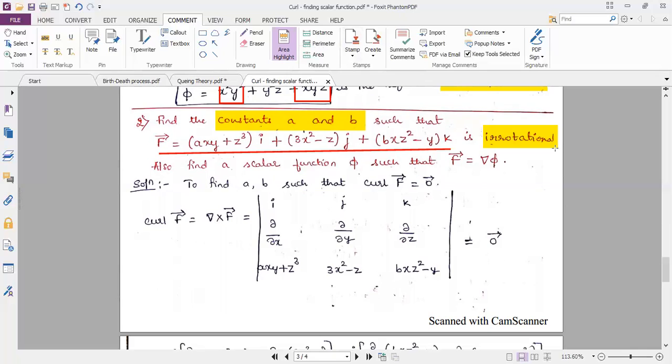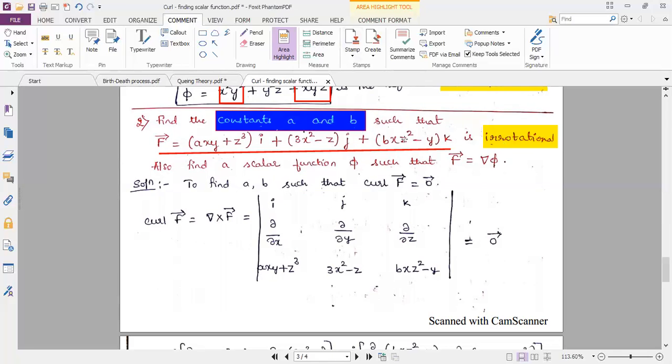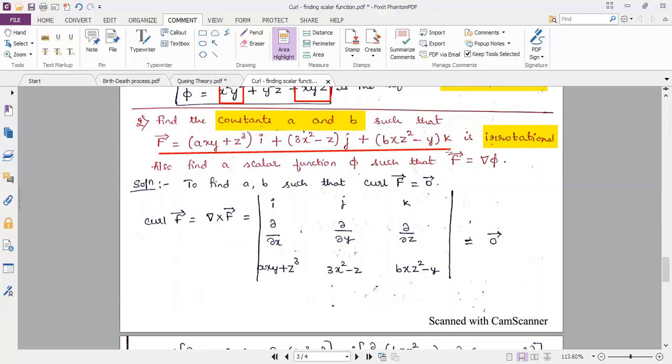So it is given as an irrotational vector field. Keeping the condition for an irrotational vector field, we need to find out the constants a and b. Also, find the scalar potential phi such that vector f is equal to grad phi. That's the question. Let's see the solution.